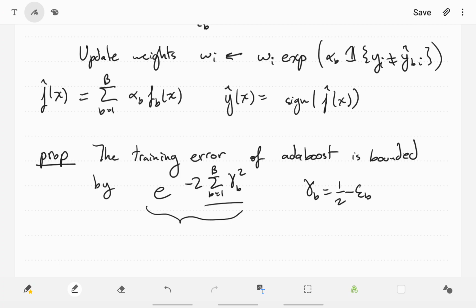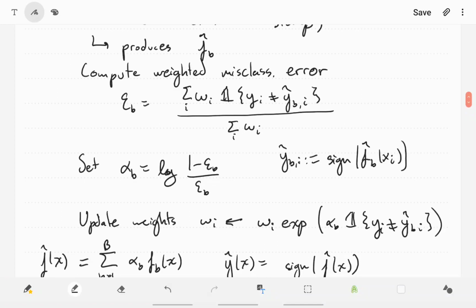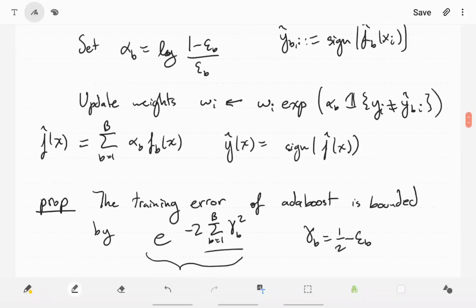where gamma b is equal to 1/2 minus epsilon b. Epsilon b is the weighted misclassification error, so if 1/2 minus epsilon b is positive, that means your weighted probability of correct classification exceeds your weighted probability of misclassification.